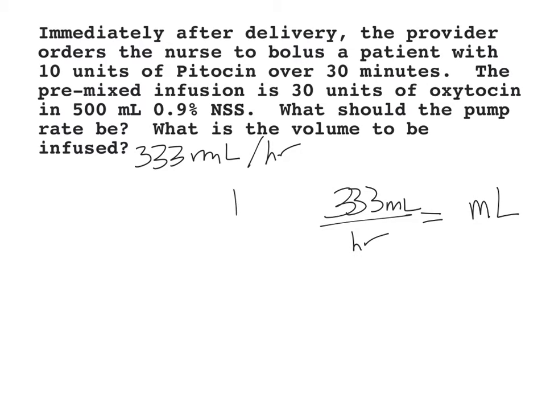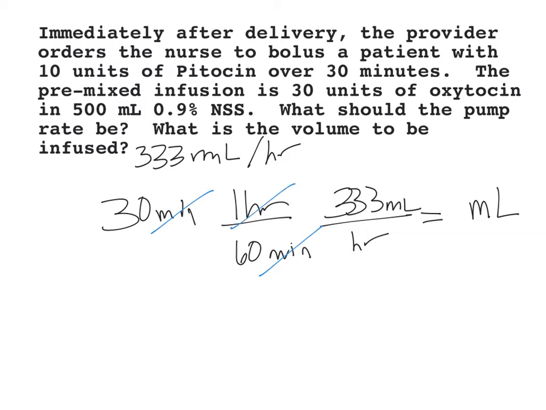We know that 1 hour equals 60 minutes, and we know that this infusion is going to last 30 minutes. So now that we have it set up, you can cancel minutes and minutes, hours and hours. Now you only have your mLs left, which is what you wanted to end up with.